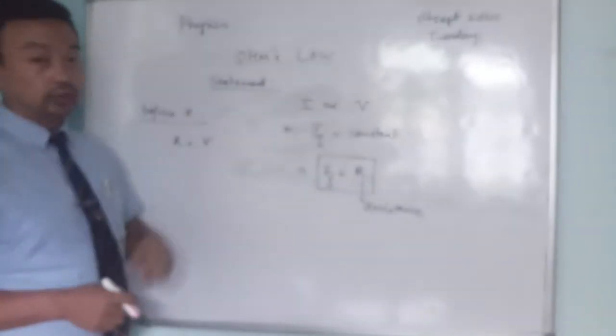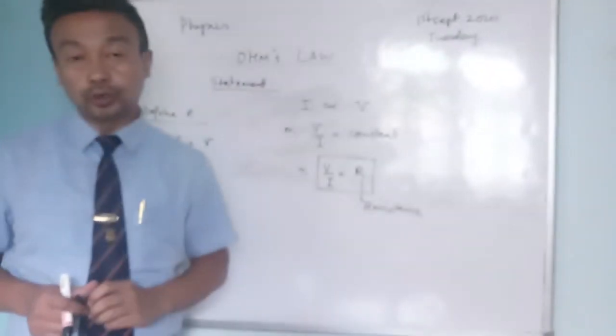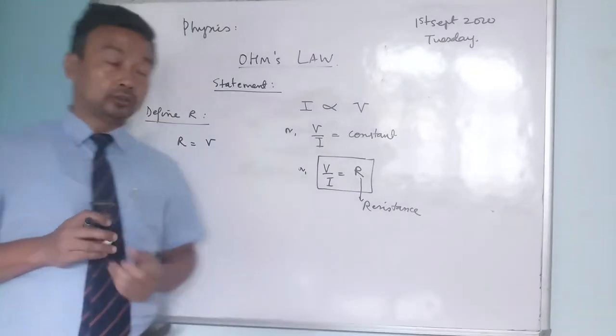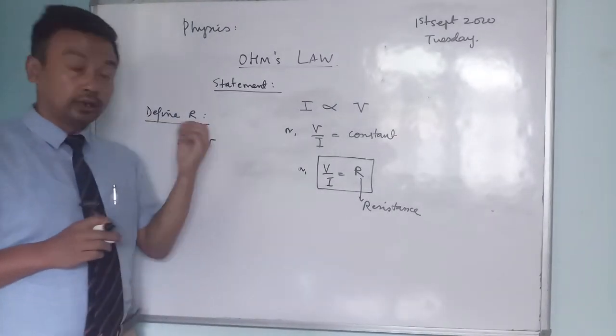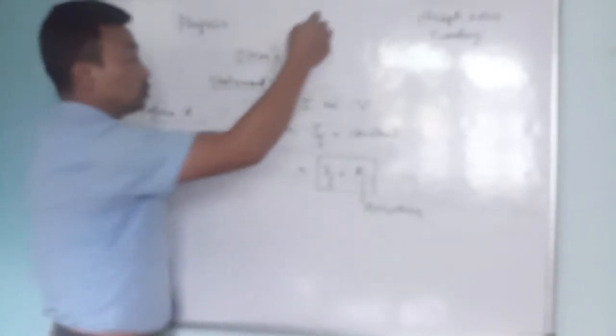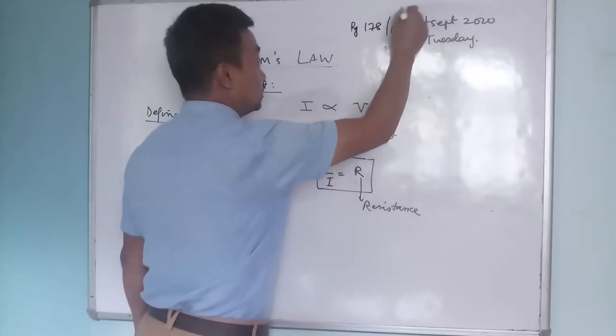So how do we define resistance numerically? Numerically, resistance is equal to the potential difference applied across the ends of the conductor when a unit current flows through it. I'll repeat one more time. You can also see this in your textbook, on page number 178 and page number 179.